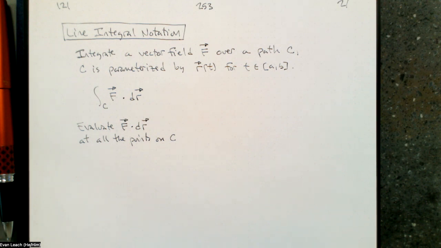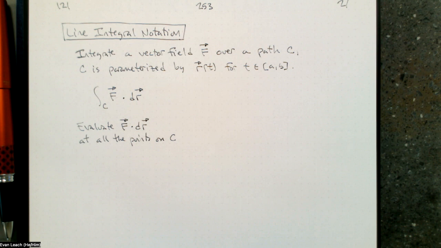Because that's what integral notation does. We put the integral over C, which says this is what you're plugging in to the expression. F dot dr is the expression. This doesn't tell us how to do this. It just tells us what we're going to do.